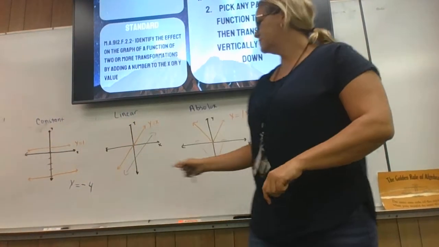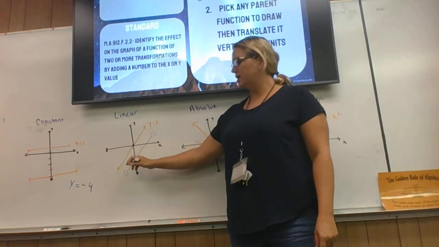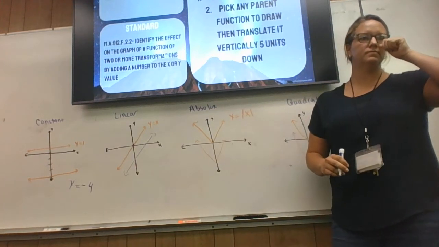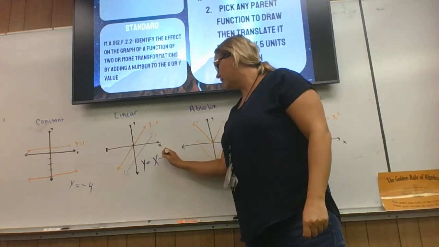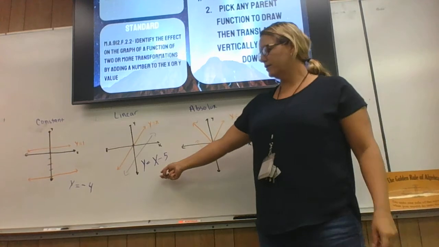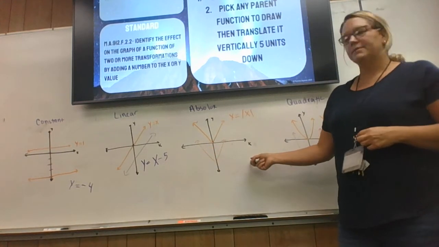Right? So how about this one? This is y equals x. It goes right through the origin. If we go down 5, what will the equation be? Y equals x minus 5. So if you chose to do linear, write your equation next to your graph. Okay. Absolute value.